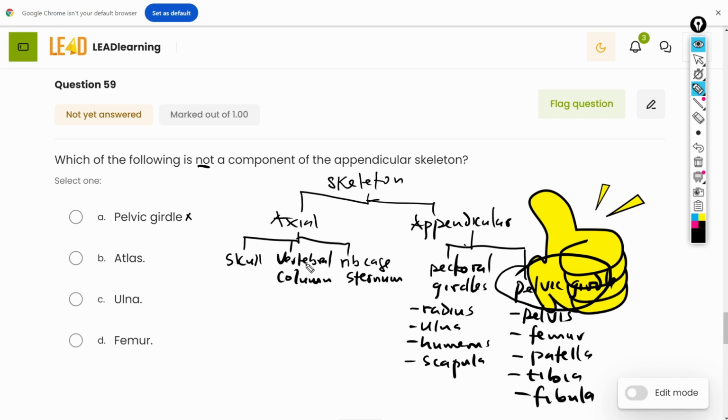The ulna is one of the bones that make up the pectoral girdle. The femur is one of the bones that make up the pelvic girdle. So the only bone here that is not a component of the appendicular skeleton is the atlas, which makes up part of the vertebral column. So our answer is option B.